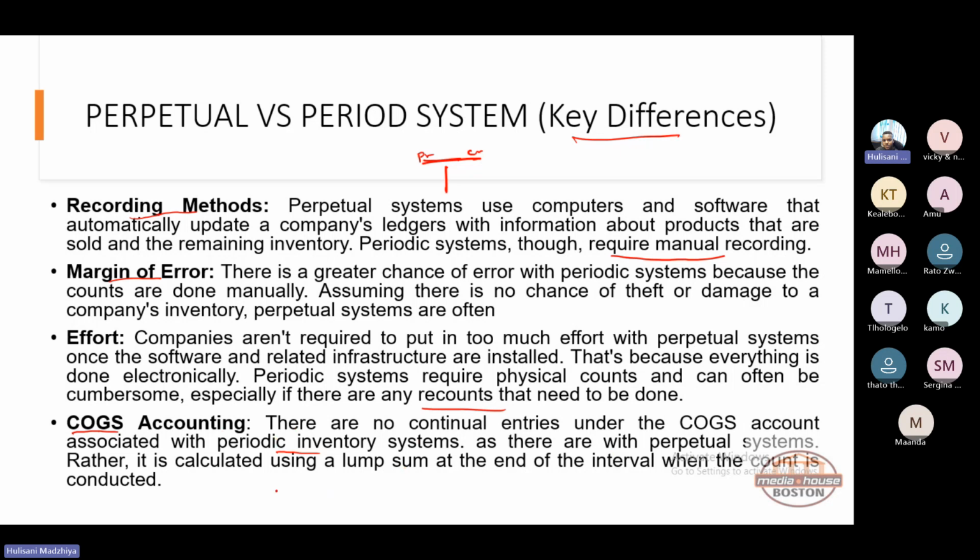But under the periodic, we need to adjust our cost of sales, or it gets calculated based on whatever findings we make. So you might find that we even have stock that we're not aware of. So when you calculate our inventory cost, it might be a bit higher or lower depending. So we don't even know how much we actually sold under the periodic inventory system.